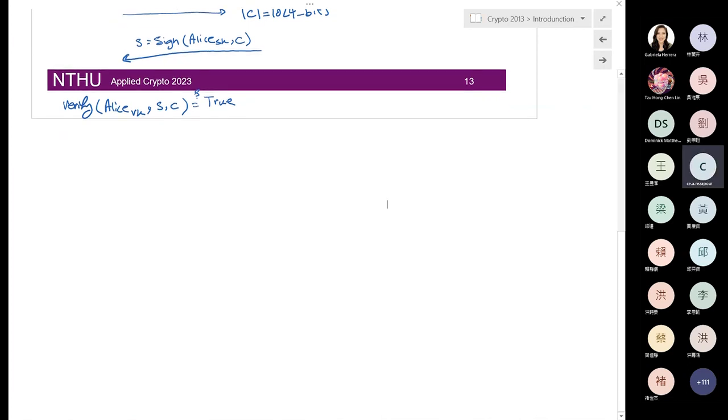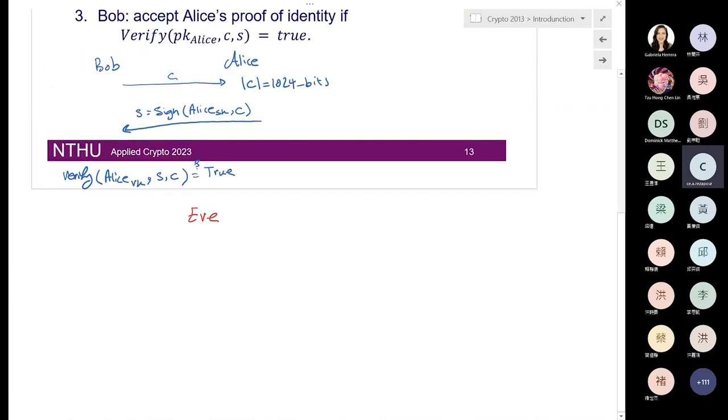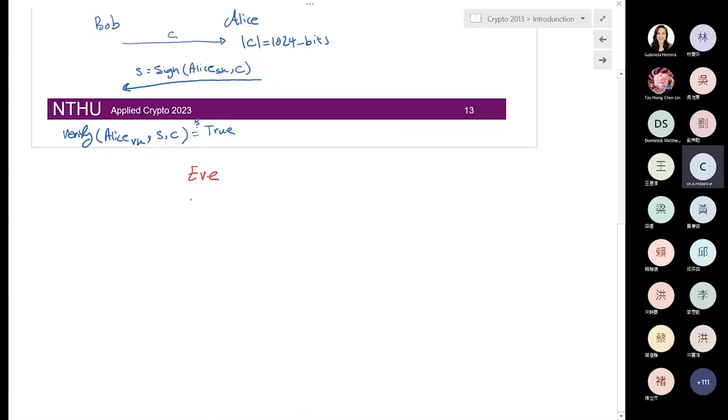Let me introduce you Eve, or enemy, that has been sitting there and watching the line. So let's say we would implement the system and we would allow our users to verify the authenticity of our server using this digital signature scheme. And after a while, Eve would observe this communication.